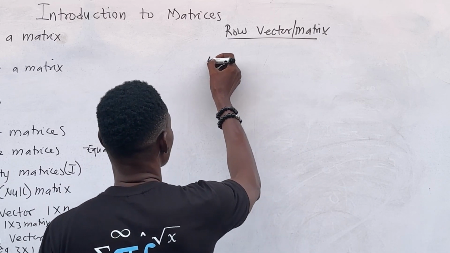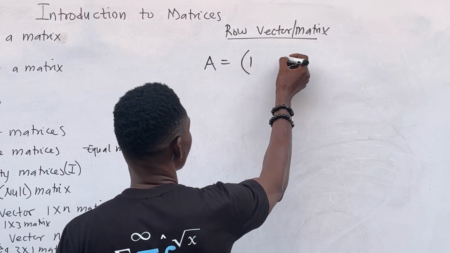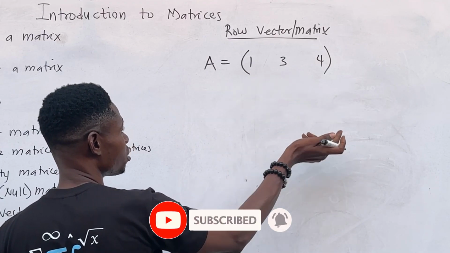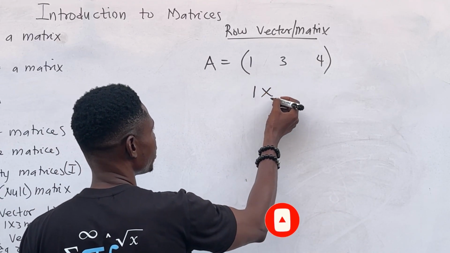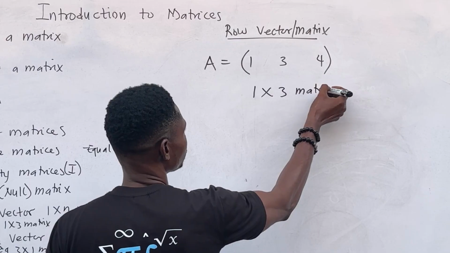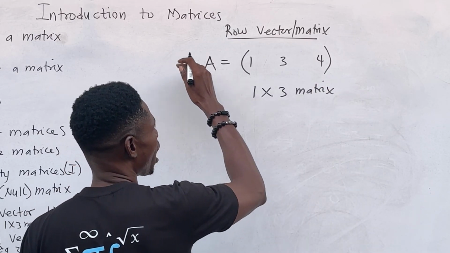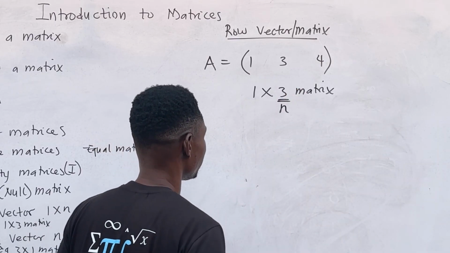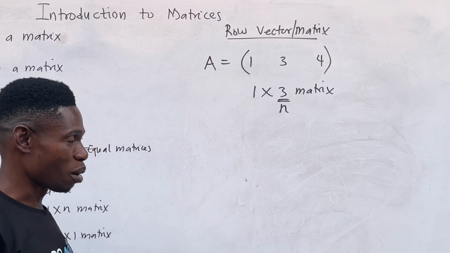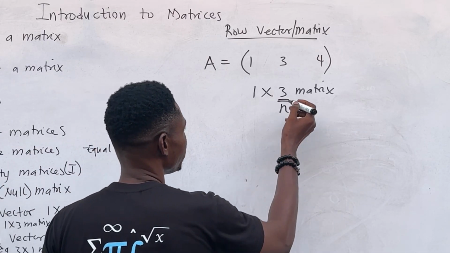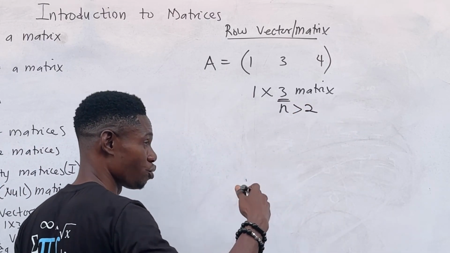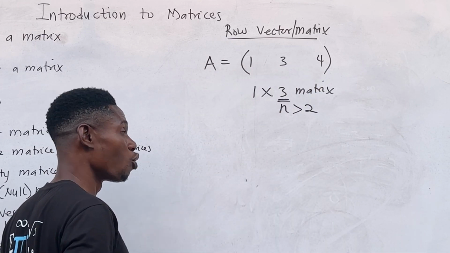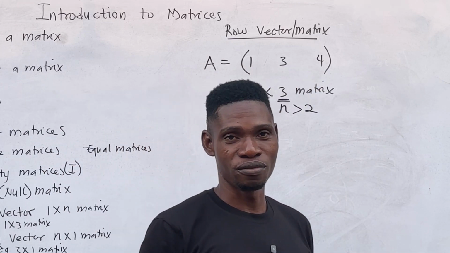Look at this. Let's say A equals 1, 3, 4. What's the order of this matrix? This is a 1 by 3 matrix. It has just one row, and it can have multiple columns. This number n is 2 and above, so it can be 2, 3, 4, 5. This kind of matrix is called a row matrix or a row vector.